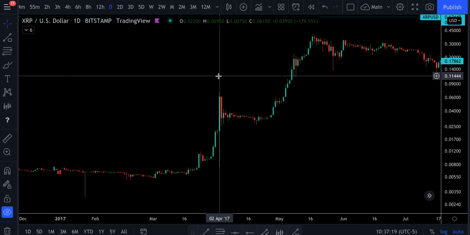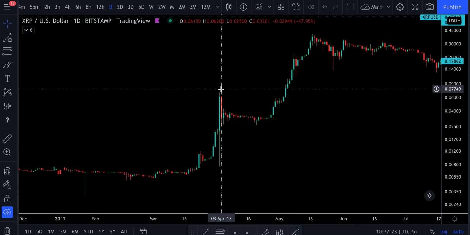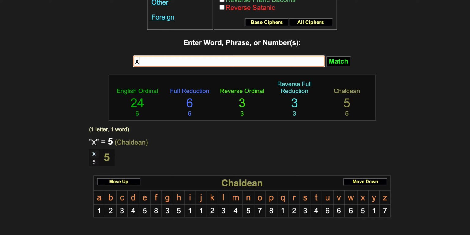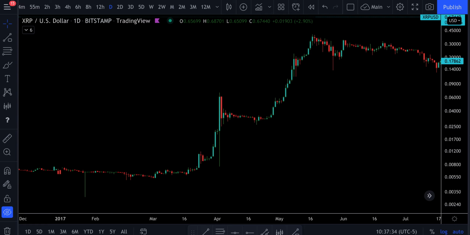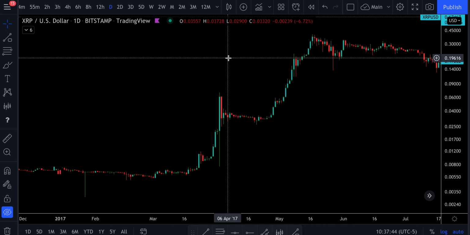So this is really interesting how this pump happened exactly on that date, and then the following day, which was the 3rd of April, you could consider that 4/3, and 43 is the 14th prime number, and this comes back to XRP with the 14. And the movement of that day was 47% down. You could see that if you look right here when I hover.